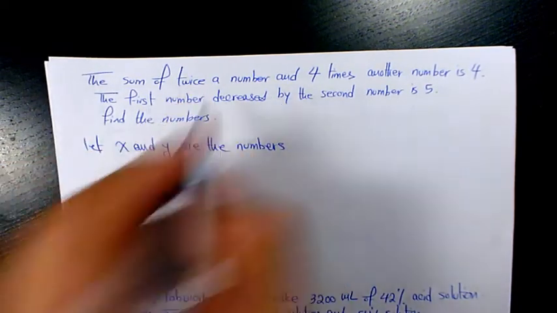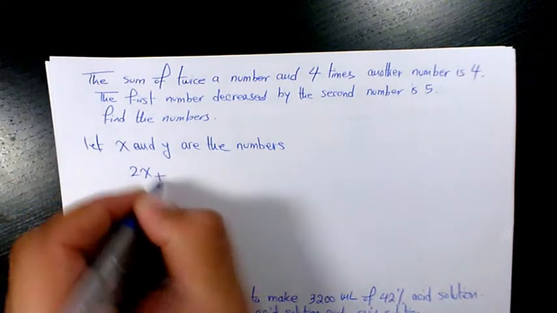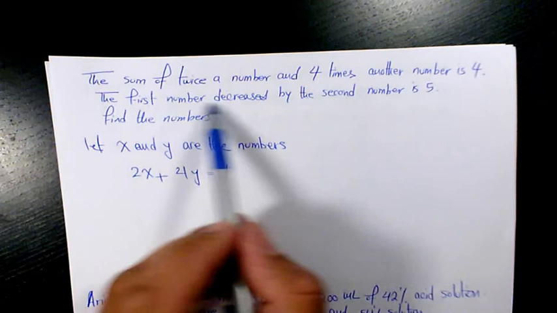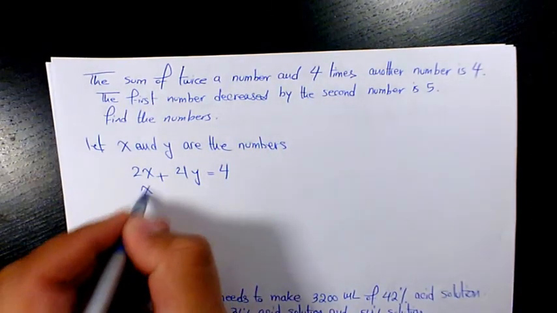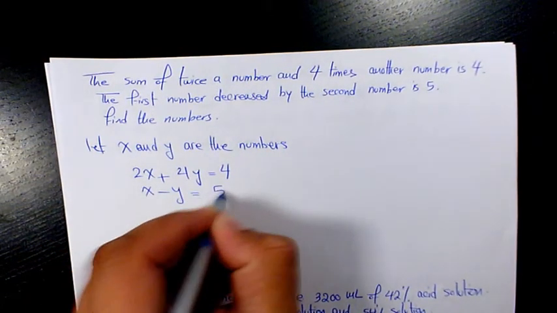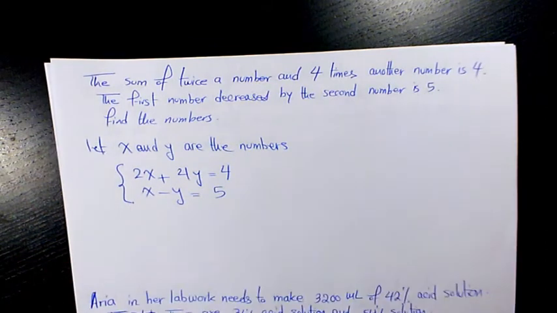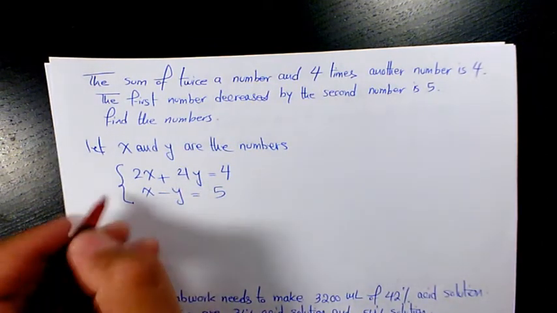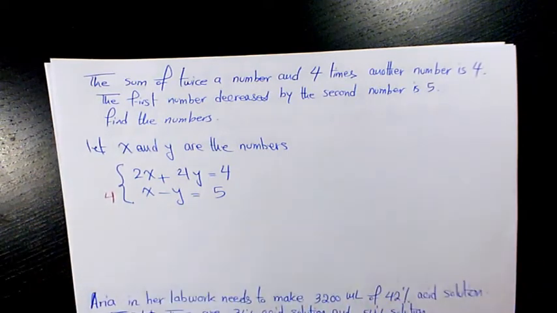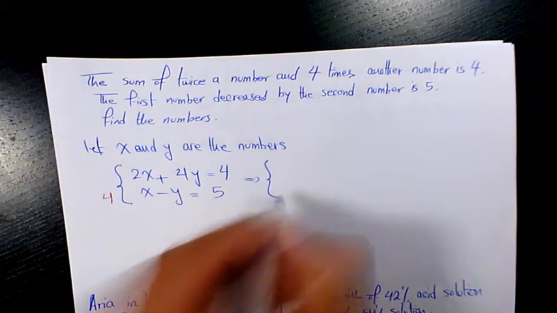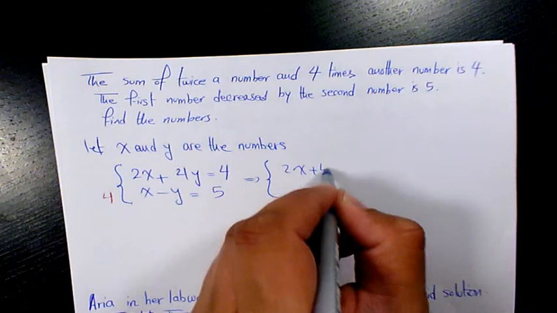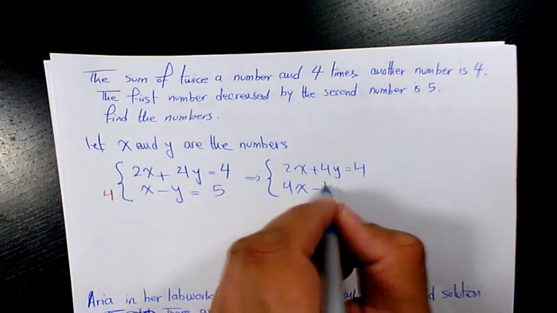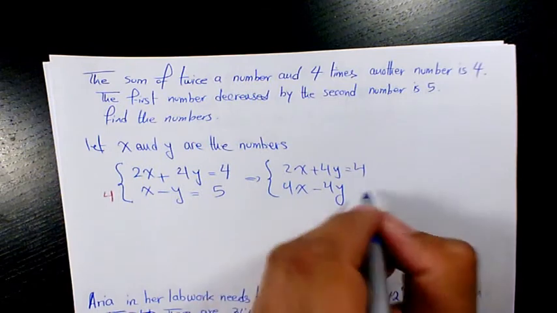Twice a number, so 2x plus 4y equals 4. Then the first number decreased by the second number, so it means that x minus y equals 5. What are the numbers? So what I can do, I would use elimination method and multiply the second equation by 4. So it's going to be 2x plus 4y equals 4. Here we have 4x minus 4y equals 20.